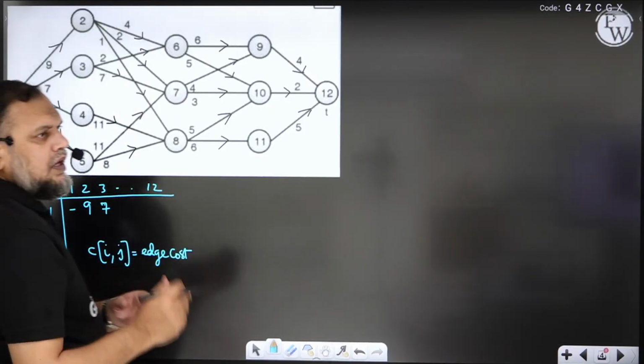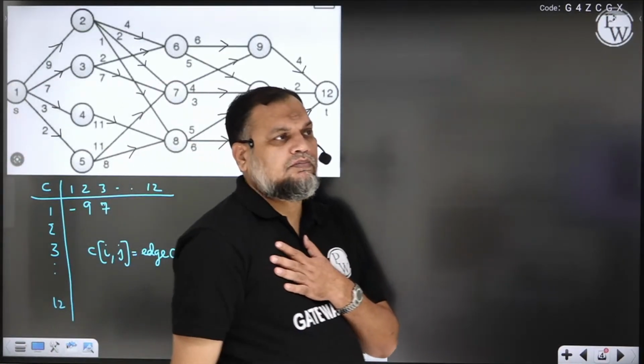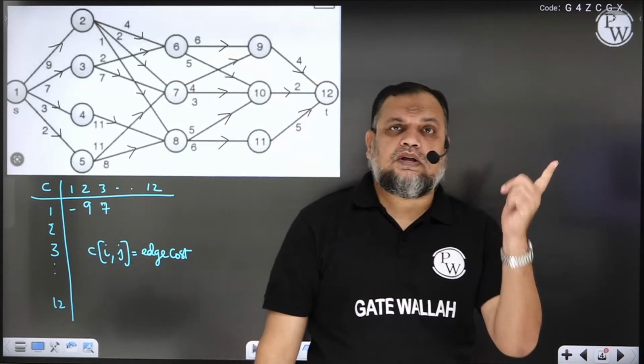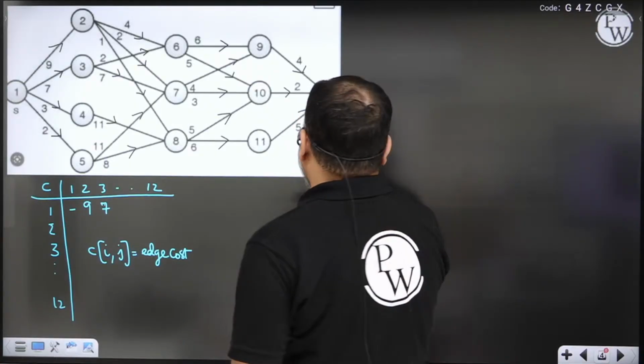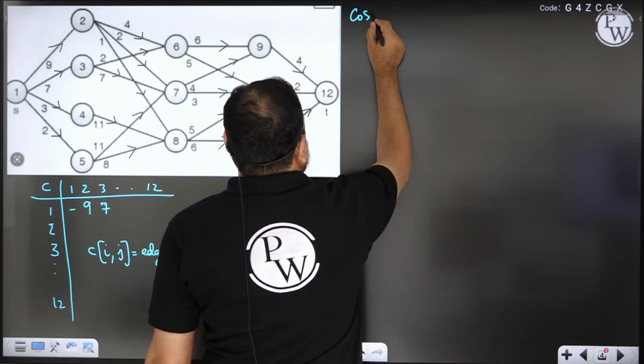And we said we want the cost of the path from S to T. और हमने कल देखा उसका representation. I have shown you like this.